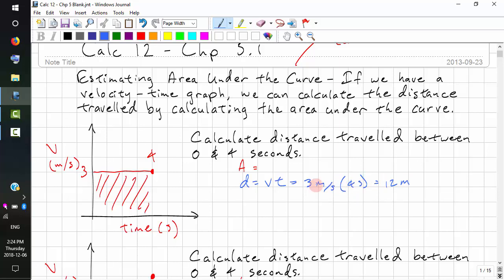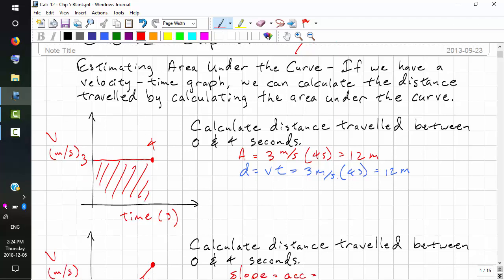The seconds cancel out, the meter stays. And if we're calculating the area of this rectangle, it's still length times width. We have 3 meters per second times 4 seconds, and again, that's 12 meters.